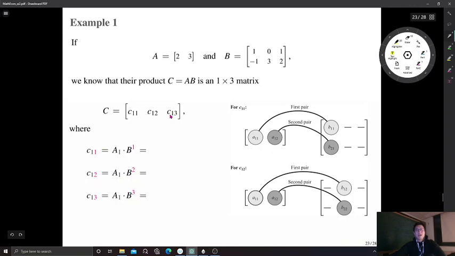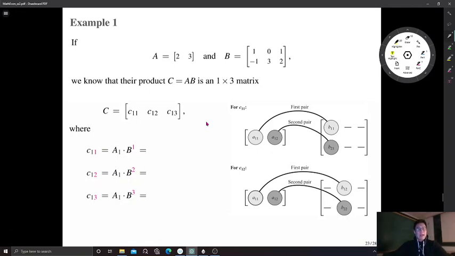Let me write the entries of this matrix as C sub 1,1, C sub 1,2, and C sub 1,3. Remember, for double subscripts, the first subscript denotes the row. We have the same 1 for the first subscript, meaning we have just one row. For the second subscript, we have 1, 2, 3, which means we have 3 different columns.